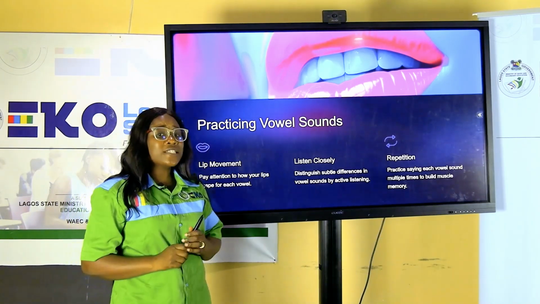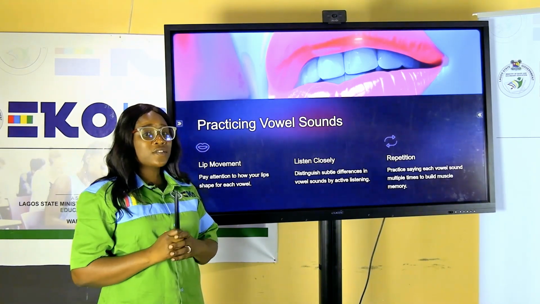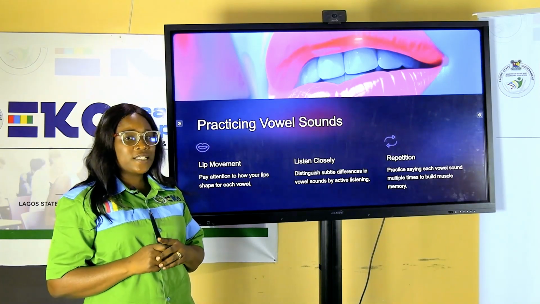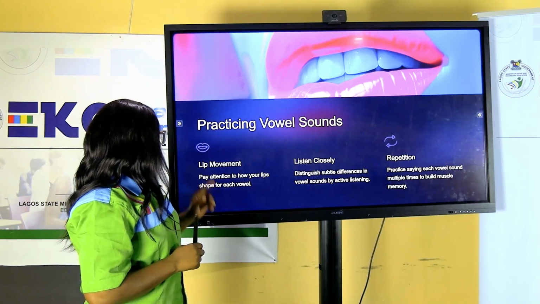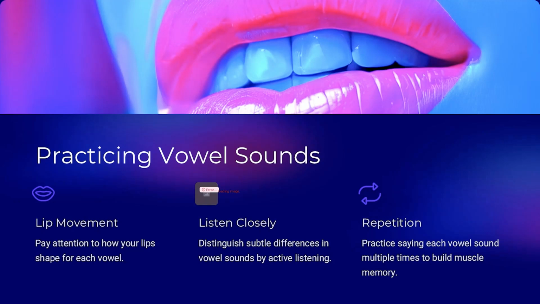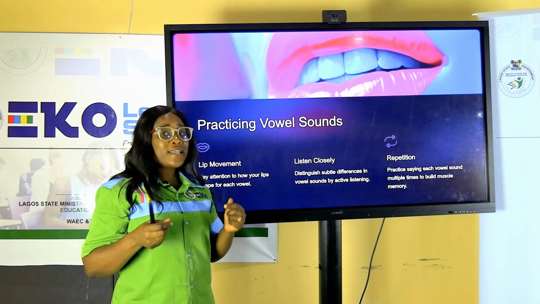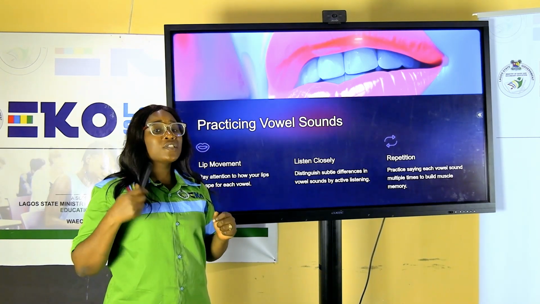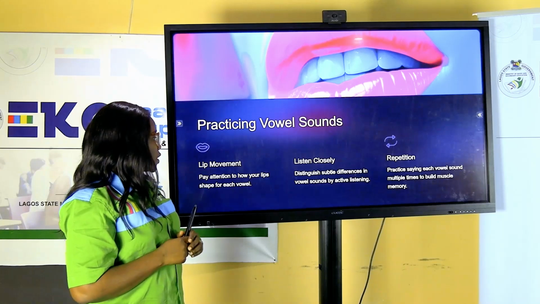It's very important for the mastery of vowel sounds that you practice these sounds. You must practice lip movements. Pay attention to how your lips move so you can shape each vowel sound correctly. This would require that you listen to these sounds over time.